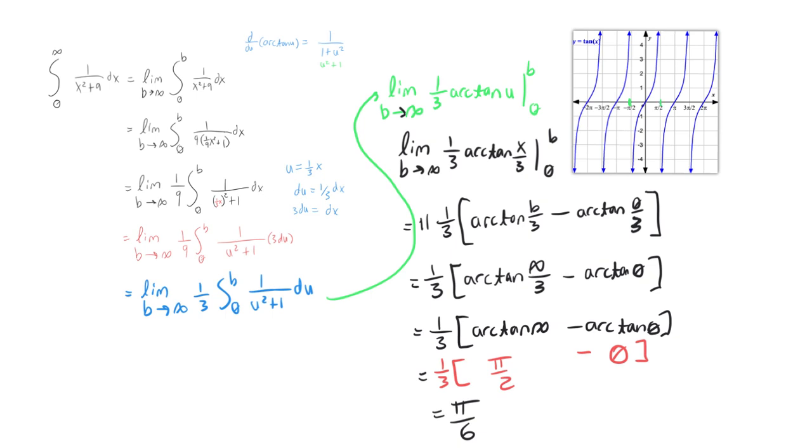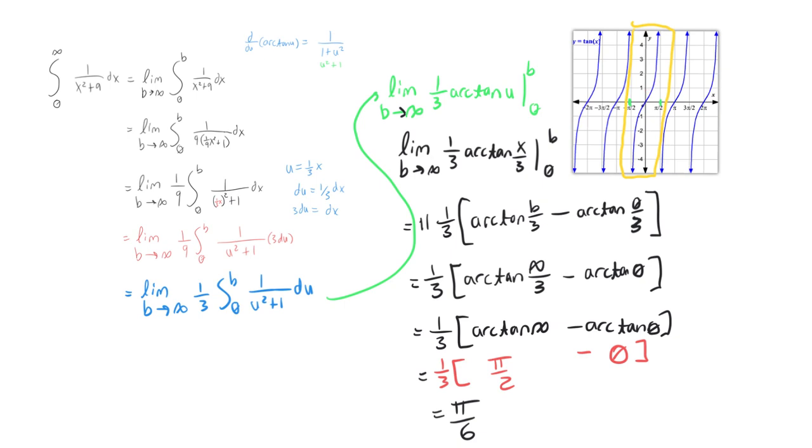So mathematicians choose to only pay attention to this part of the graph, okay, when it comes to the tangent function. And therefore, if you have a restriction on the domain of the tangent function, then we can say that the arctangent would also be a function.